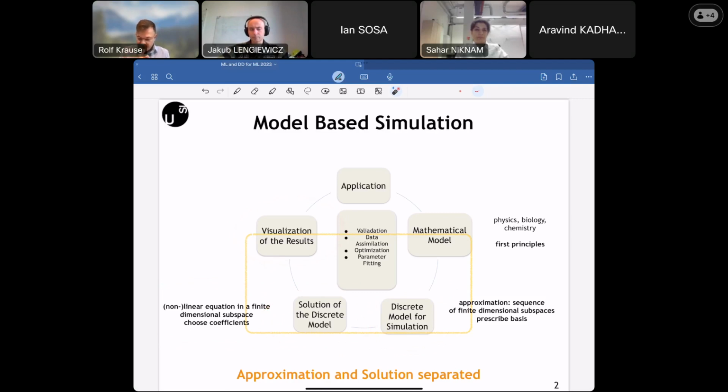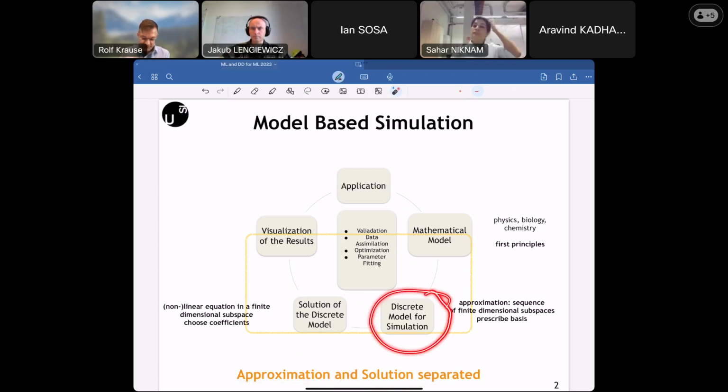Why I put this when talking about machine learning is a very simple argument, because what we do is we have a model, we approximate the solution of this model, and then we compute a solution of our discrete approximation. And the advantage is that somehow the approximation process itself and the solution process are separated.